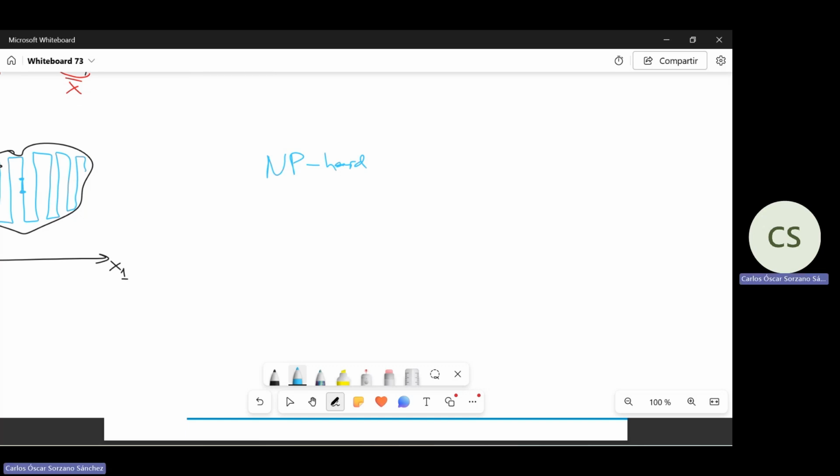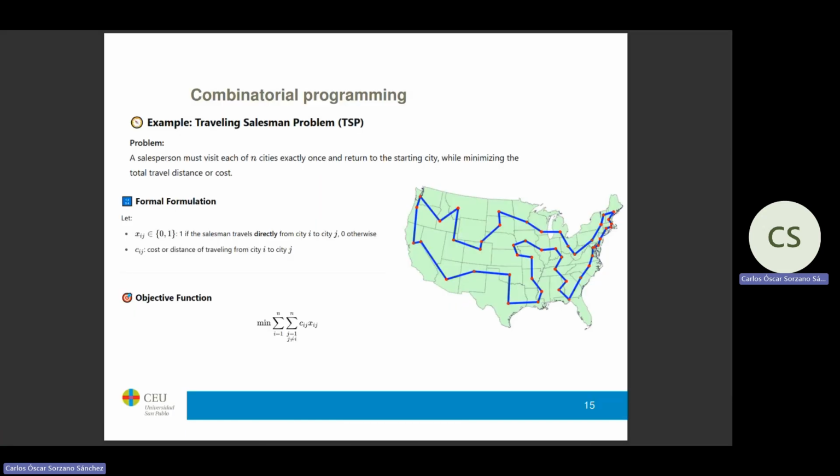We have given a mathematical formulation of this problem, but actually this particular problem has been approached from many different directions, and some of them do not use any mathematics at all. They give you an algorithm, they tell you, okay, you start in one city, and then you have to try this, and they give you a heuristic. Heuristics are ways to avoid exploring all possible combinations, and instead explore sensible combinations that will lead you to a useful solution that is not guaranteed to be the global minimum, but is useful enough.